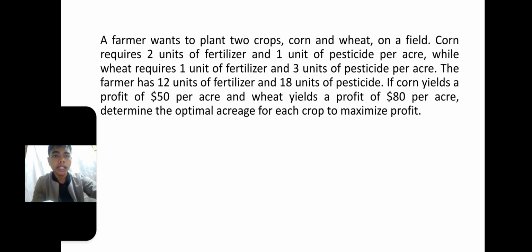The farmer has 12 units of fertilizer and 18 units of pesticide. If corn yields a profit of $50 per acre and wheat yields a profit of $80 per acre, determine the optimal acreage for each crop to maximize the profit.